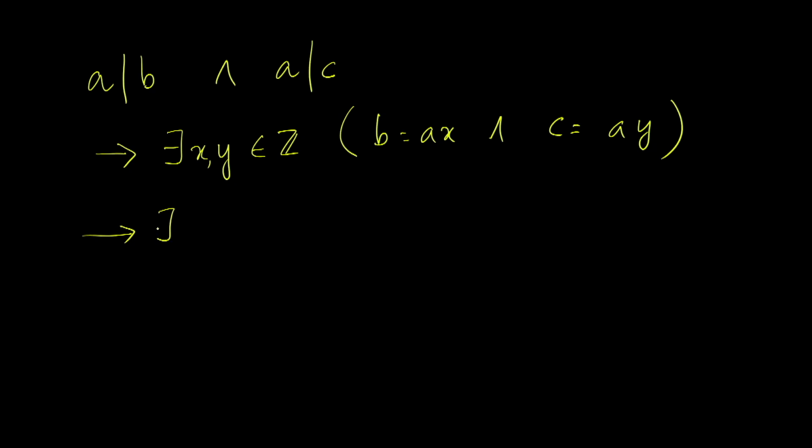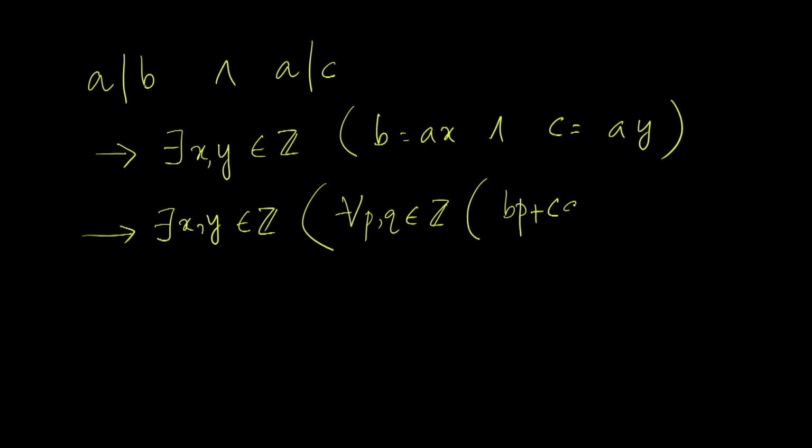In that case, for every p and q, which are also integers, bp plus cq is a into px plus yq.